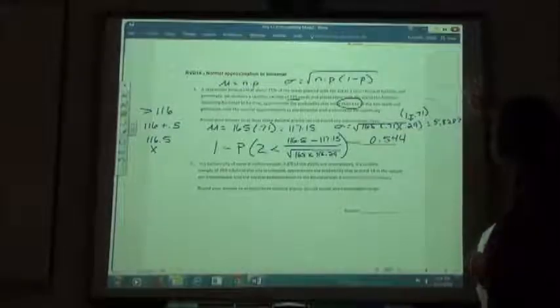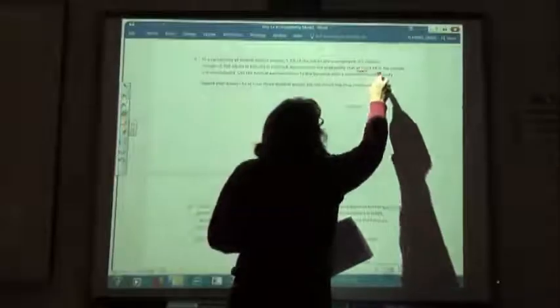All right. So, number 5, in a certain city of several million people, 5.8% of adults are unemployed. If a random sample of 260 adults in the city is selected, approximate the probability that at most 18 in the sample are unemployed.